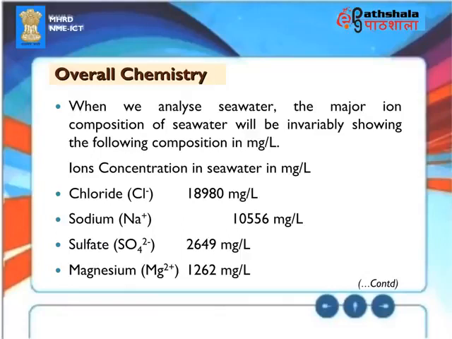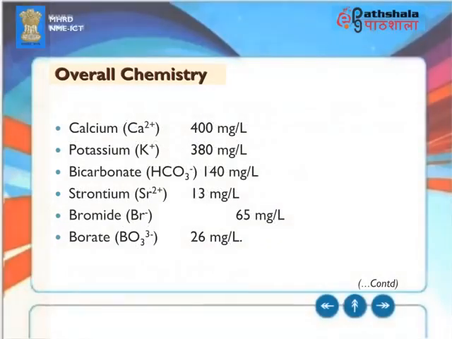Sulfate, SO4 2-, 2,649 milligrams per liter. Magnesium, Mg2+, 1,262 milligrams per liter. Calcium, Ca2+, 400 milligrams per liter. Potassium, K+, 380 milligrams per liter. Bicarbonate, HCO3-, 140 milligrams per liter.